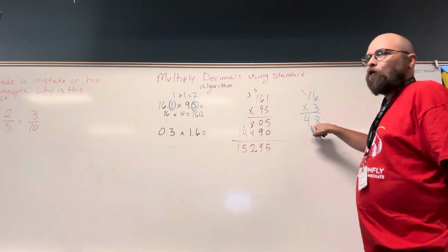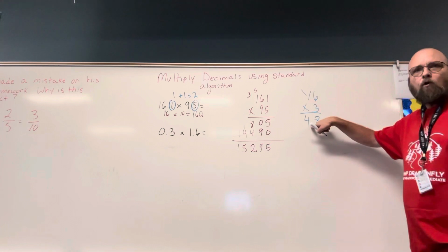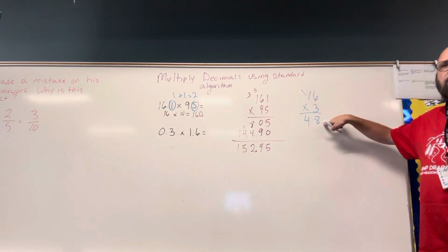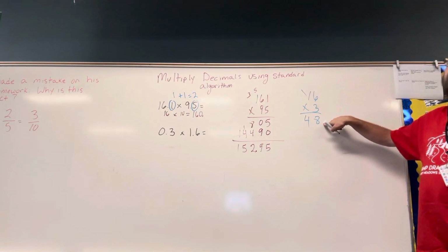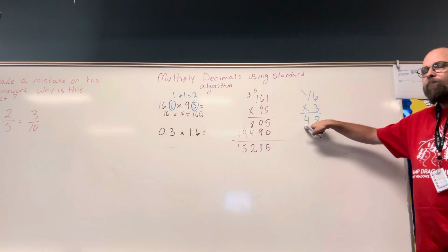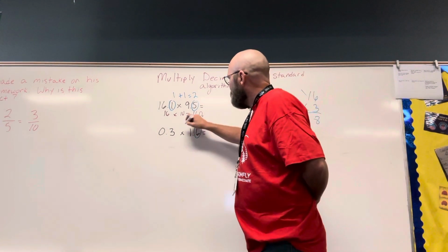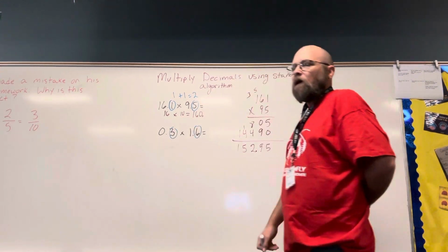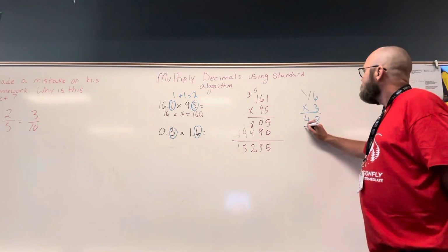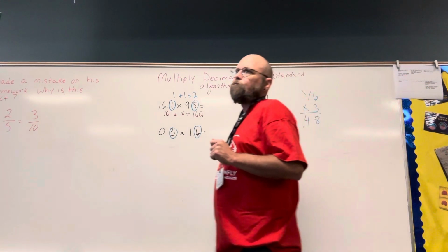Yes. If I put it here, is my answer going to be less than 1 6/10? No, it's greater. If I put it here, my answer is 48, which is not less than 1 6/10. So it probably goes there. When I estimated, I can go back here. There are 2 numbers behind the decimal point in the problem. There needs to be 2 numbers behind it in the answer.